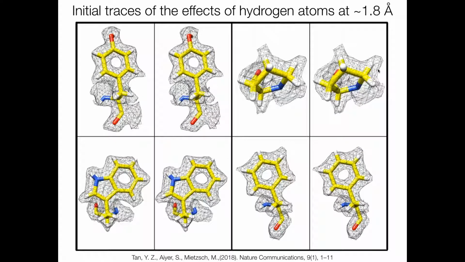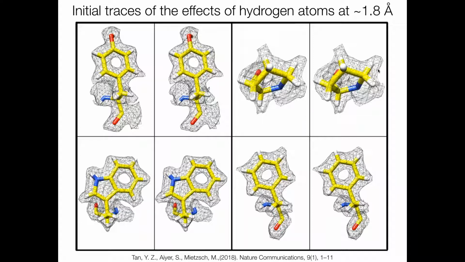One of the most exciting aspects about this map is that we're seeing the initial traces of hydrogen atoms at a resolution that was relatively low compared to what we think of with X-ray. These little bumps right here are contributions from hydrogen atoms at about 1.8 angstroms resolution, whereas with X-ray diffraction, you typically see them at about 1.2, 1.3, maybe sub-angstrom.